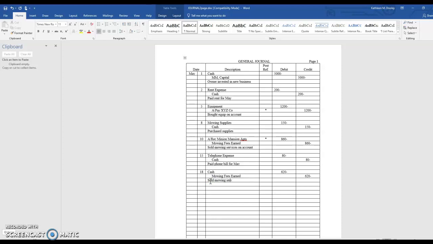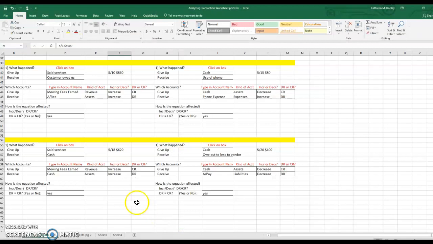Sold mowing services for cash. Okay, we go on to the next one.